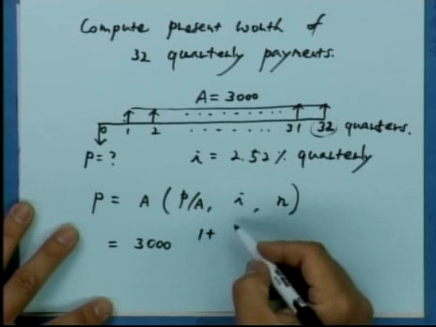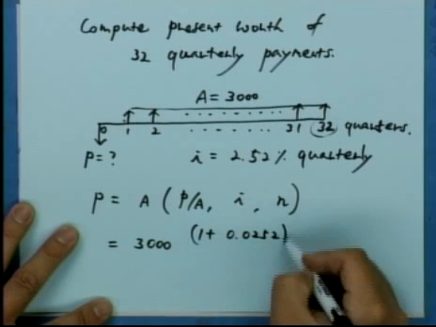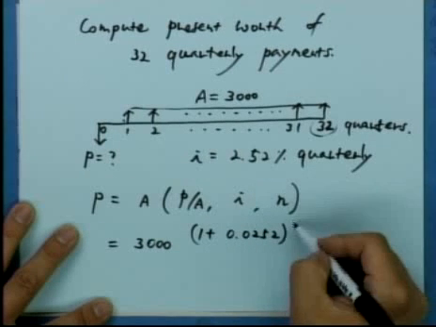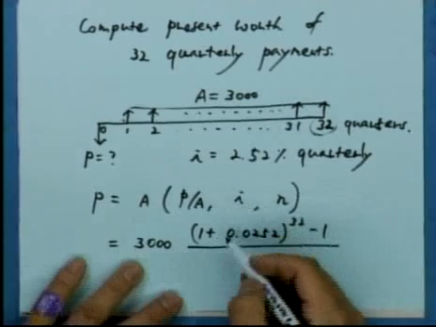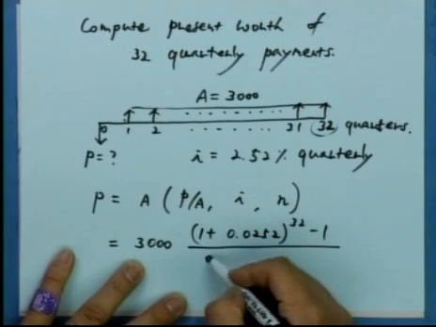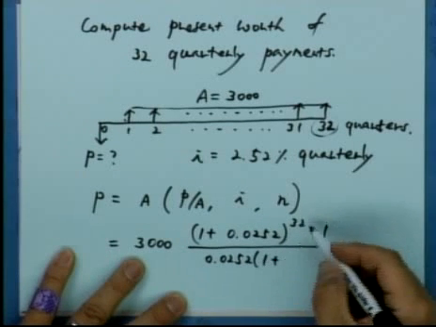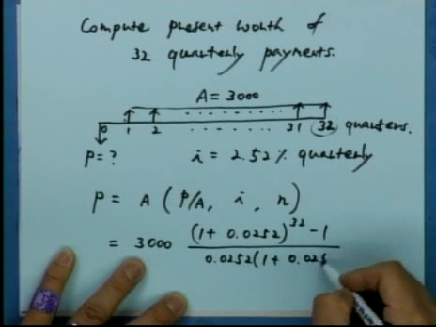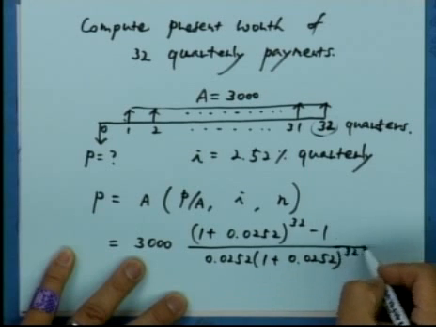1 plus 0.0252 to the power 32 minus 1, over 0.0252 times 1 plus 0.0252 to the power 32, right?